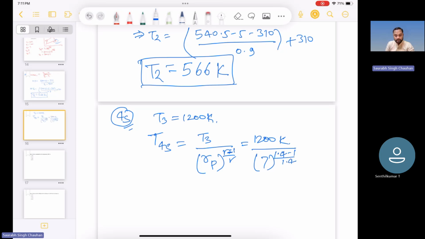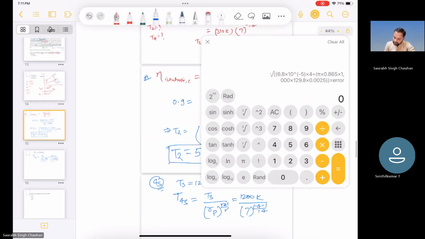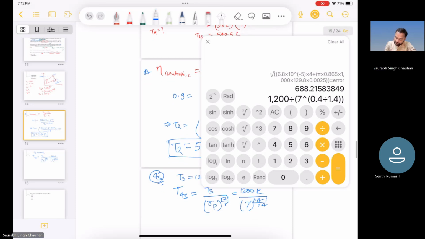So we will get T4S. This can be calculated: 7 to the power 0.4 divided by 1.4. So it is coming out to be 688.21 for T4S.